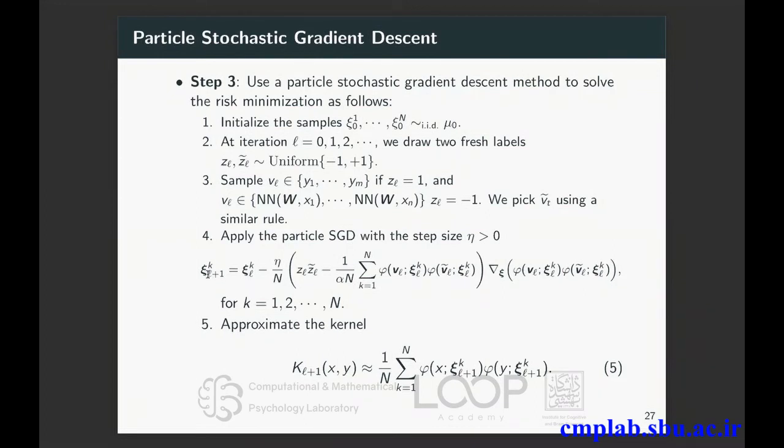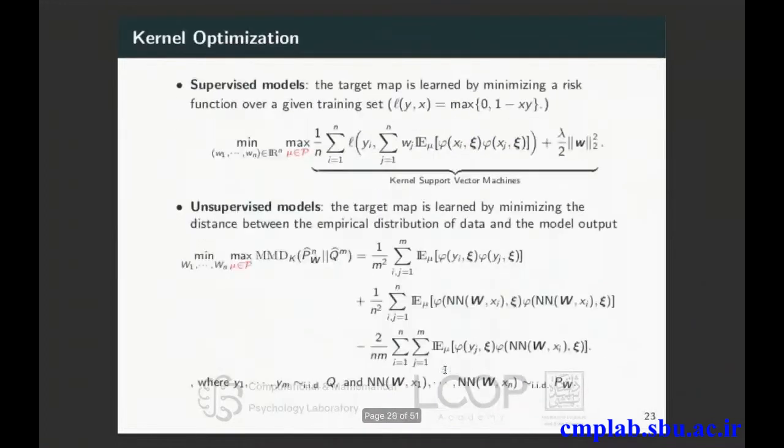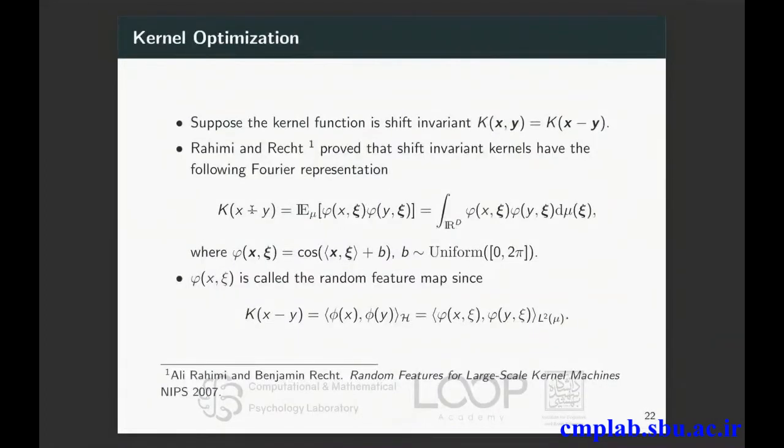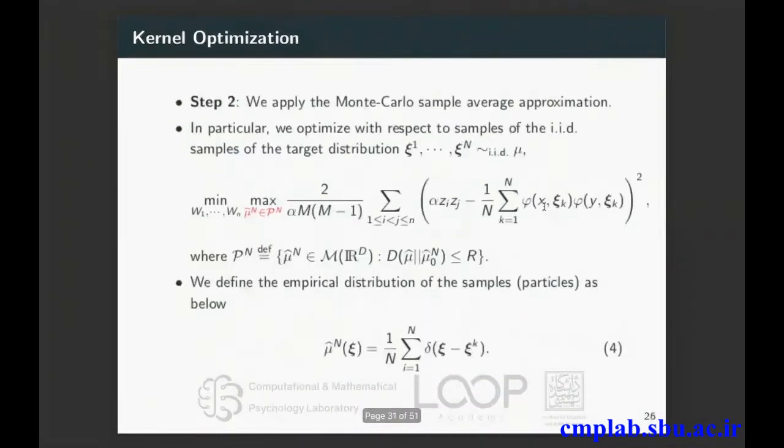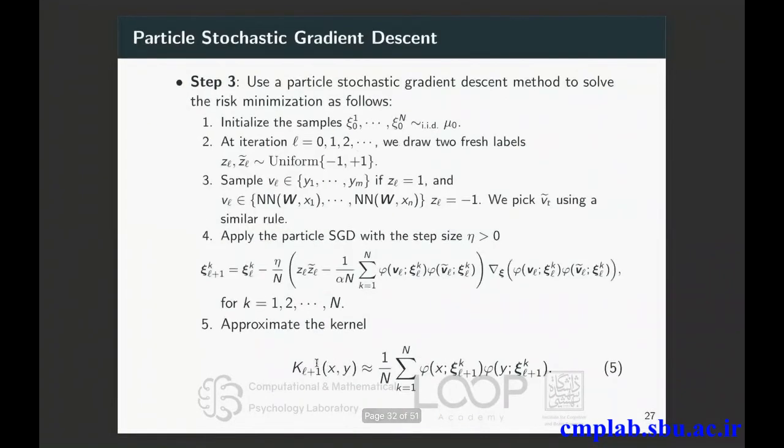After I update the samples, I can approximate the kernel. This equation is an approximation to the integral representation of the kernel that I showed you previously. We had the integral representation here; I take a bunch of samples, optimize over them, and then approximate the kernel using the sum. So this is a Monte-Carlo approximation of the integral.